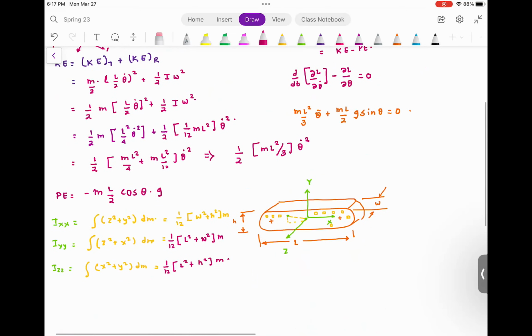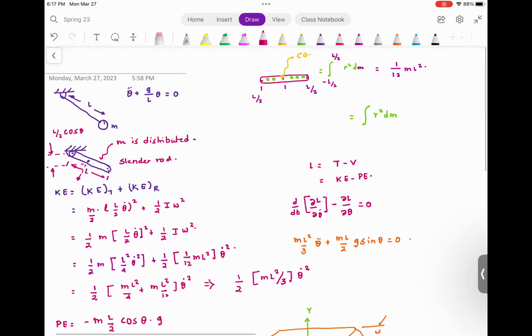Okay, so 1 by 12. Let's go from here. So you have plus L, and let me see, did I derive it somewhere here? So this becomes r cubed by 3, and then basically this dm is the mass that is distributed across the length.